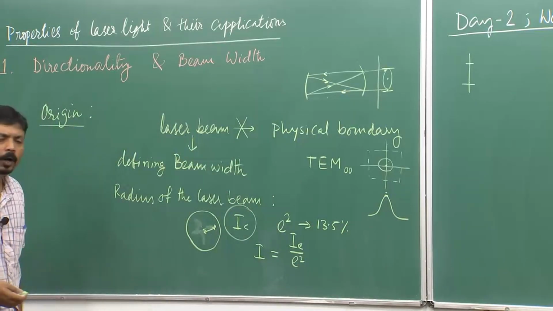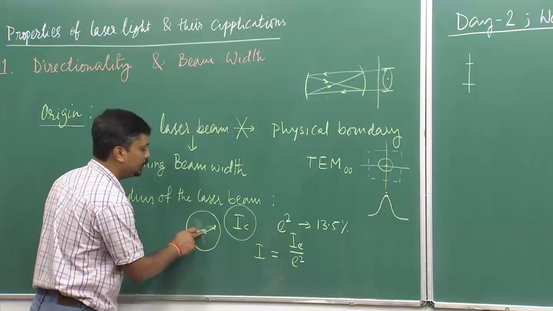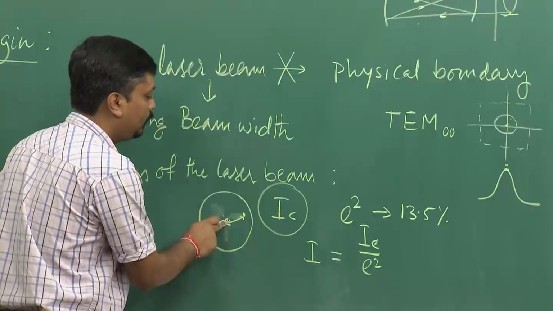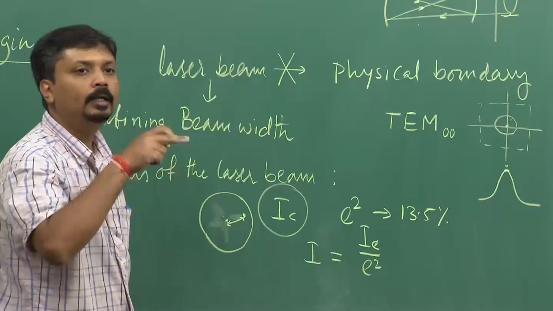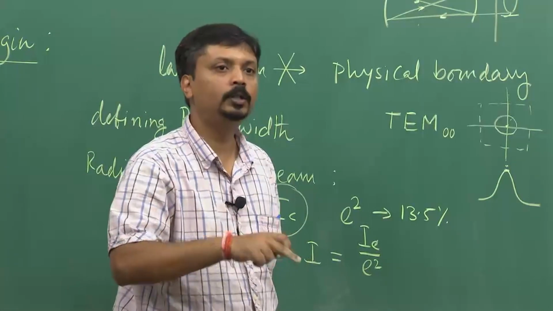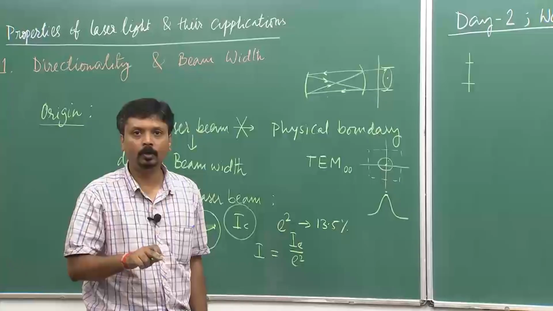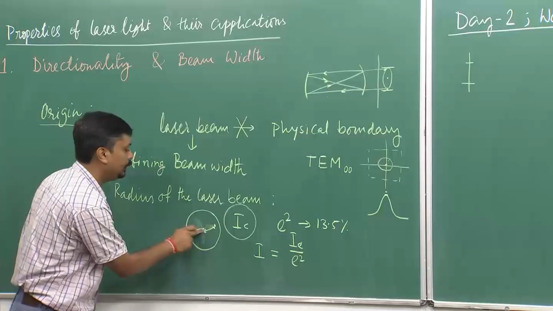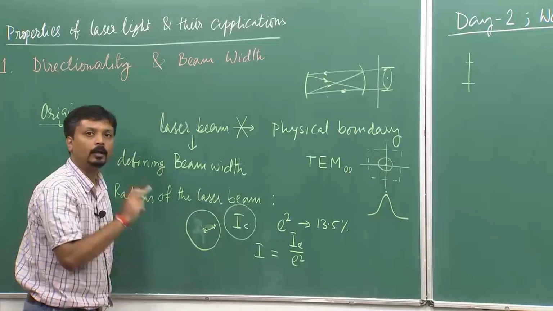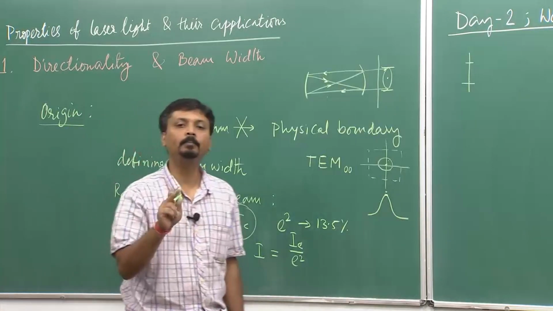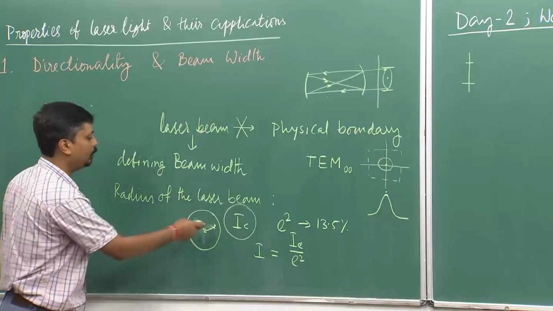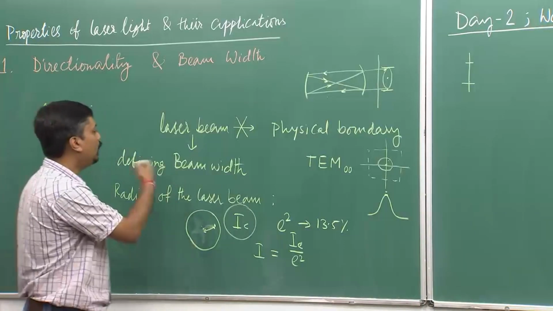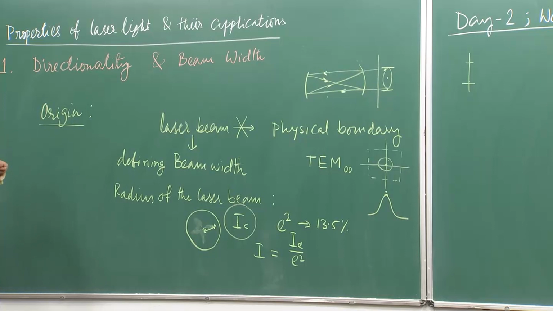So in other words, if I start from the center of the beam and keep going radially until the intensity has fallen down to 13.5% of the intensity here, I will define that as the radius of my beam. So the beam width will be 2r, that is the diameter, correct. So this is how I define the beam width.